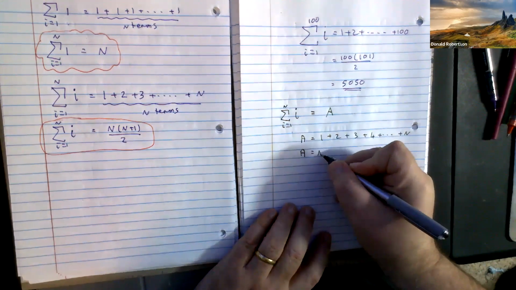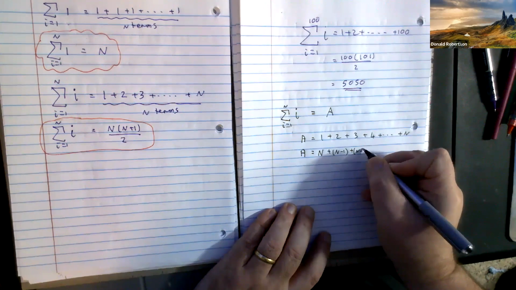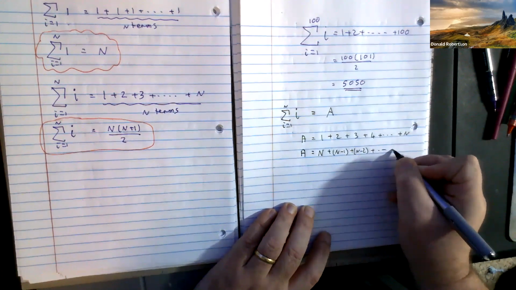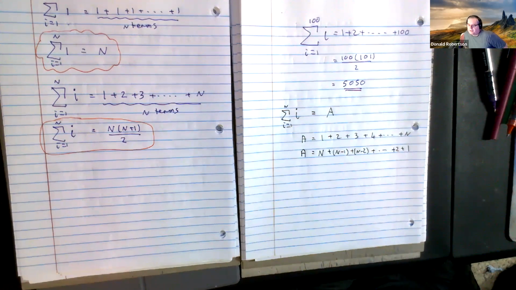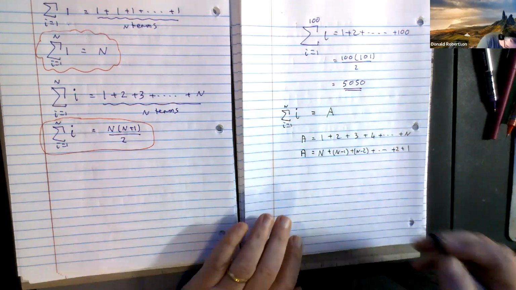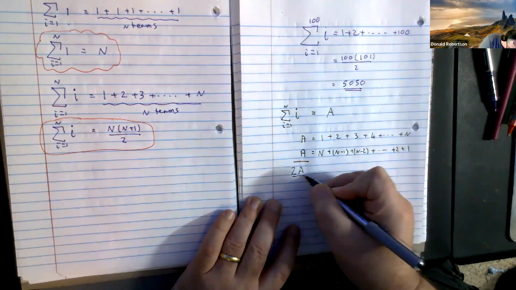So won't it be the same as adding them up in reverse? Would that make sense? Instead of going 1, 2, 3, 99, 100, couldn't you go 100, 99, 98, all the way down to 1? So if you add these together, you get 2A.